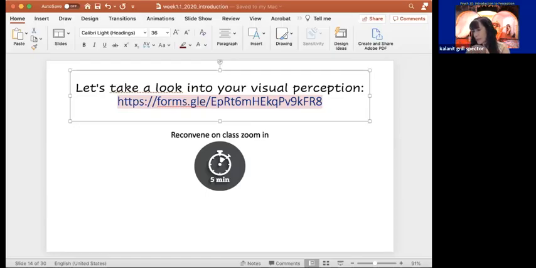Each section asks you several different questions about how you perceive visual stimuli. Just go and answer all the questions in order, and at the end, when you finish, just submit it. We're going to ask for your student IDs. This is how we're going to record your participation, so please make sure you put your student ID in before you press submit.